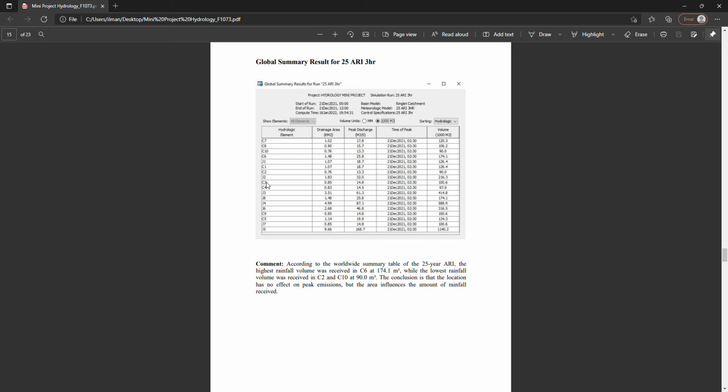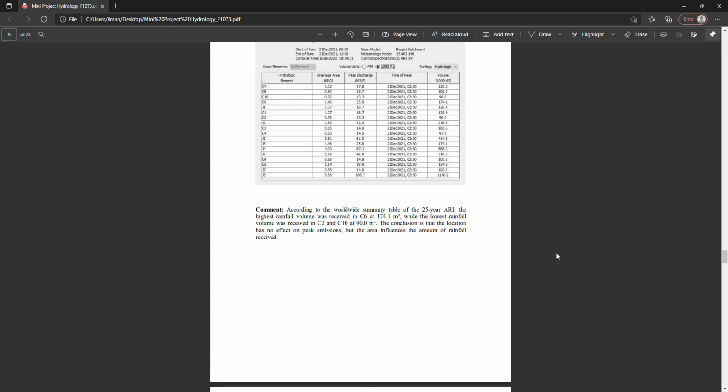The conclusion is that the location has no effect on peak emissions, but the area influences the amount of rainfall received. So this is for 25 years.